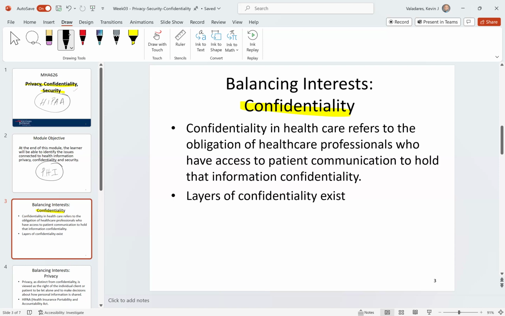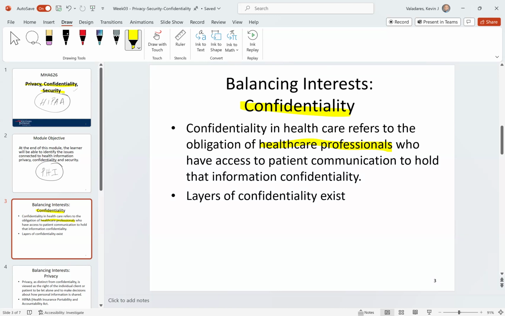But we realize that confidentiality is important. We trust healthcare professionals, who definitely have access to the user information, to hold that information confidentially. So it's really about others and our caregivers in healthcare.